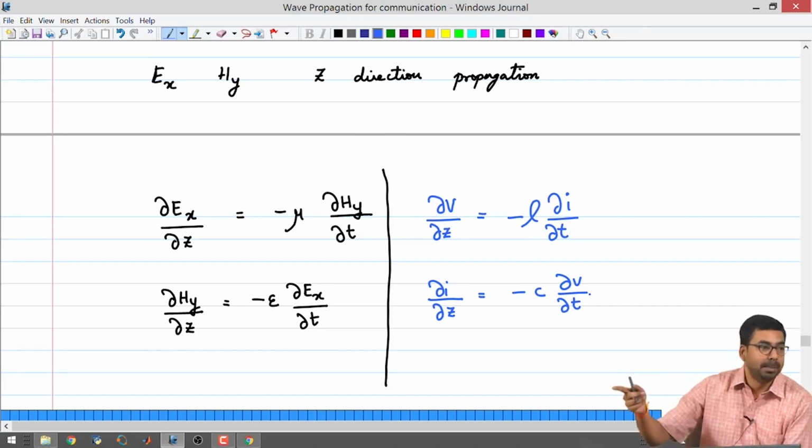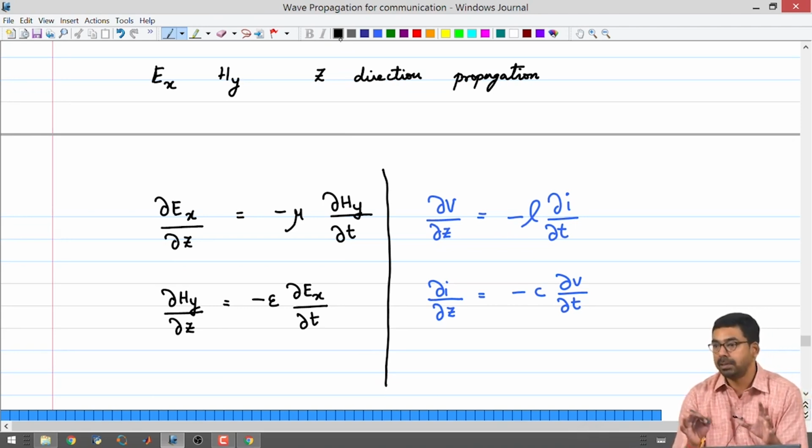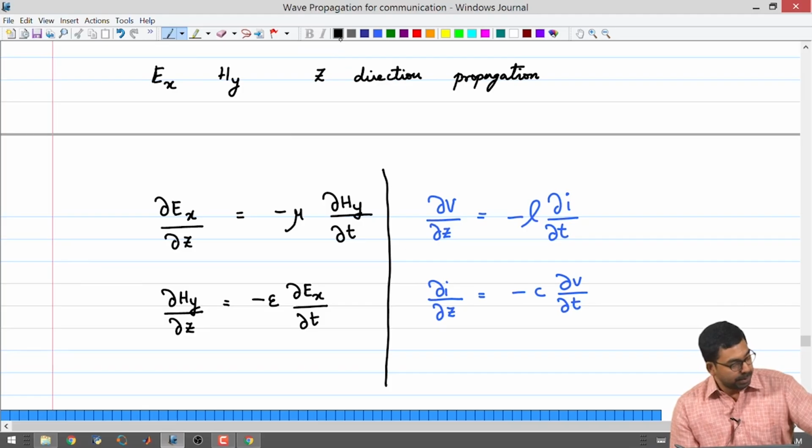So, the right hand side is becoming E instead of V, that is all, alright. So, it is almost exactly the same, alright. Now, which means that the conclusions that we drew from transmission line for telegrapher's equation and wave equation are going to be exactly the same as what we can arrive with Maxwell's equations, okay. And what could those conclusions be?